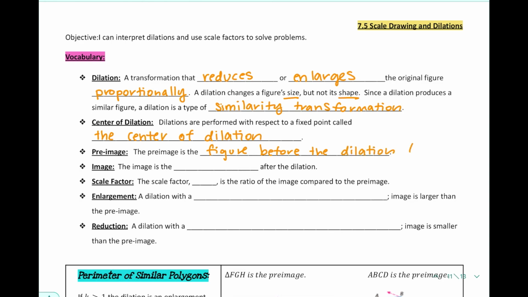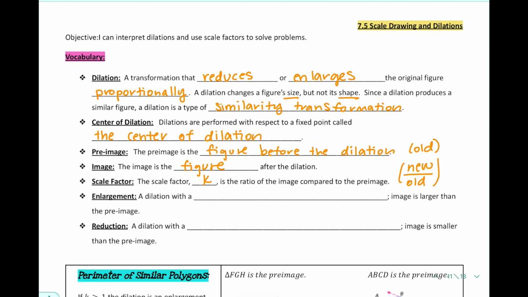The other way that we've been referring to this, kind of the colloquial way, is the old figure where you started, the pre-image. And then again, the image is the figure after the dilation. And then scale factor. The scale factor, K, is the ratio of the image compared to the pre-image. So again, it's always new over old.